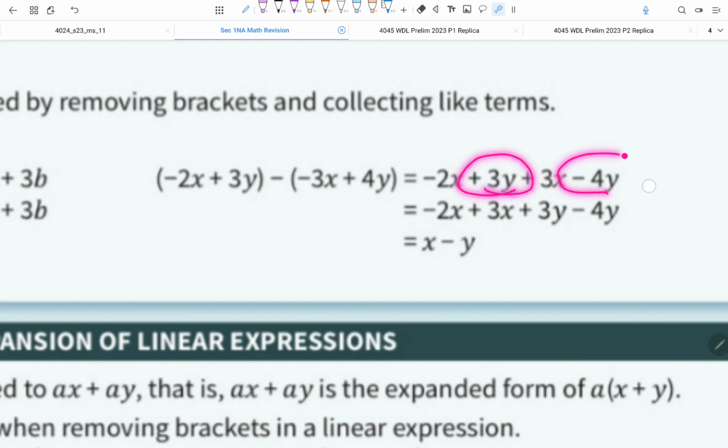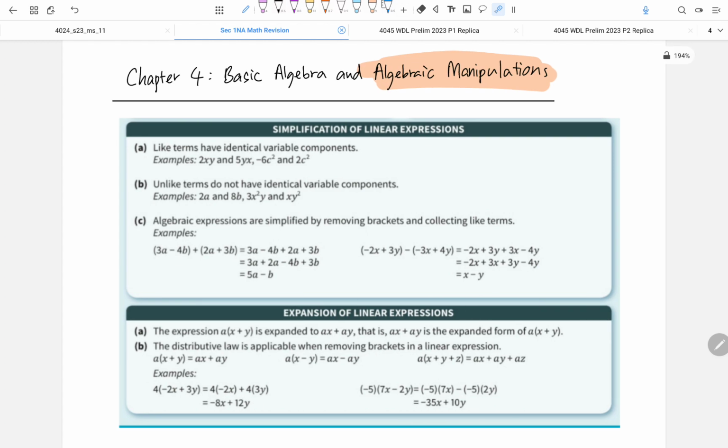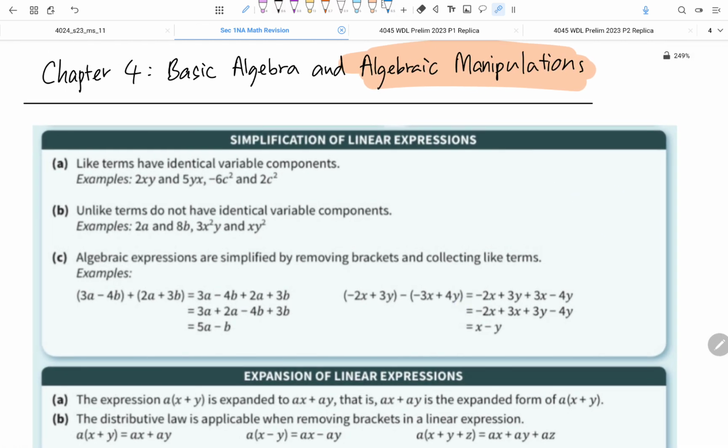Positive 3y minus 4y, group it together. Now press calculator. Negative 2x plus 3 becomes a positive 1x, but the 1 you do not write. Positive 3 minus 4 is a negative 1y. So again, the negative 1 you don't write. Okay, so that is a basic example on simplification.